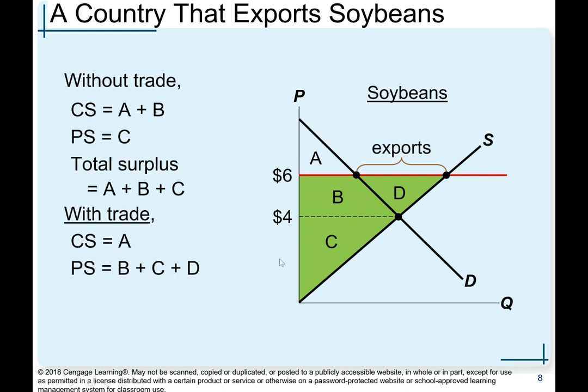Producers are benefiting because not only did they claim this area B from consumers, there's also a new area here called D. So the producer surplus is C plus B plus D. Total surplus, therefore, is A, B, C, and D.